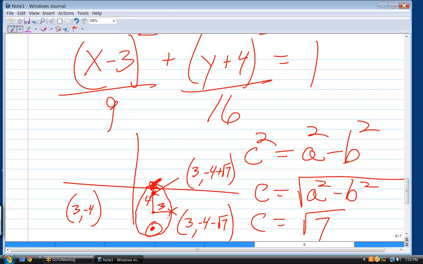The minor vertex. It's going to be 3 plus 3, so 6. Yes, the x-coordinate is 6. The y-coordinate is still -4. I think you got ellipses down. Ellipses are probably a little simpler than hyperbolas, just because there's always a plus.